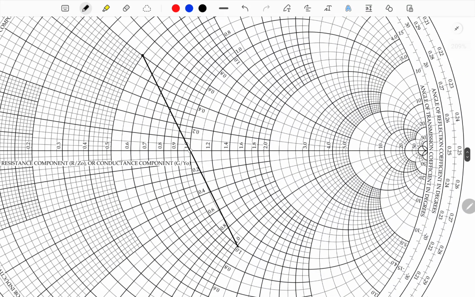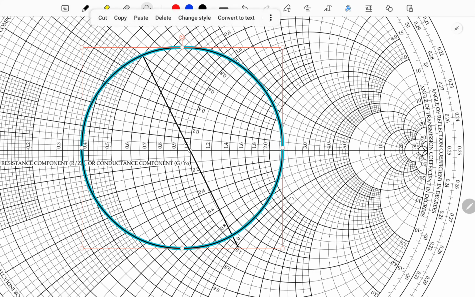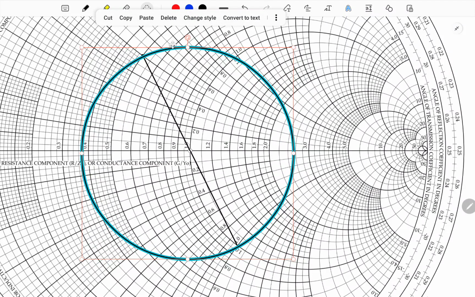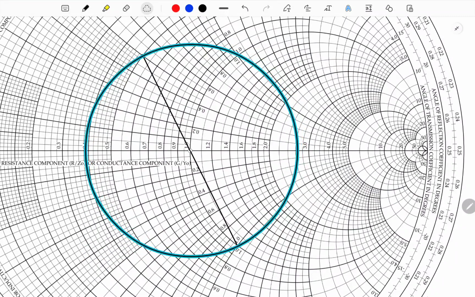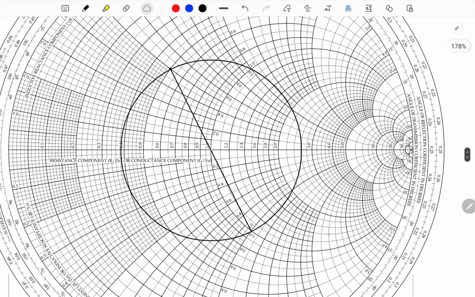Yeah. So now we're going to connect it. Try to draw a perfect circle. We want the circle to be in the middle of the line. Is that good? Yeah, looks good.